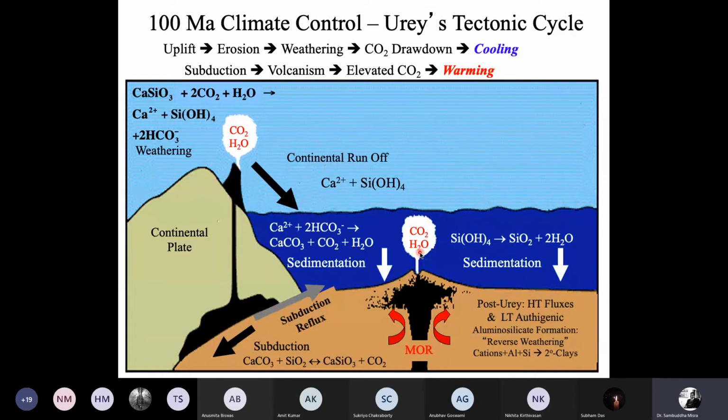So life cannot exist without plate tectonics. And the mid-ocean ridge system in the deep ocean, where you have hydrothermal vent systems, is considered the place where life originated on planet Earth.